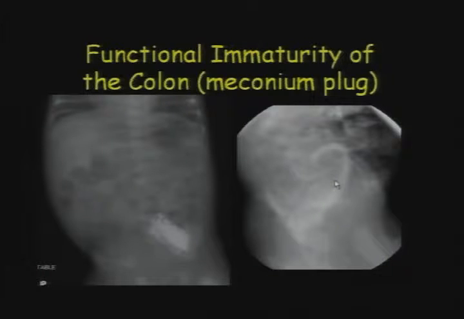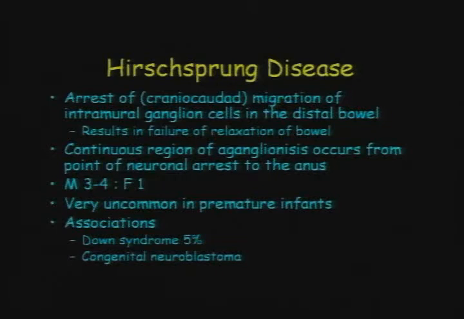Often the babies will pass these when they're in the radiology suite. They are some of the weirdest looking things you've ever seen. They can be white and yellow, and they don't look like what you'd expect. And the baby will start stooling normally as soon as they've passed that.